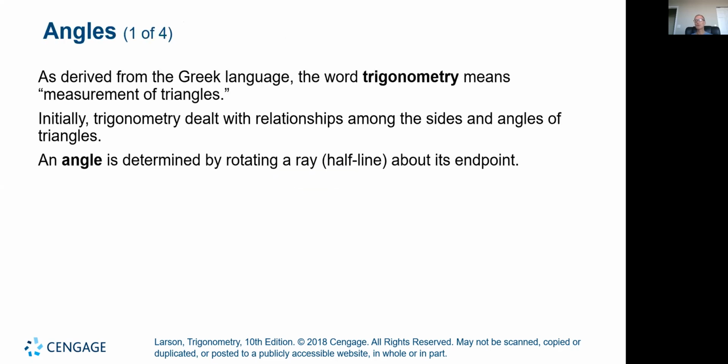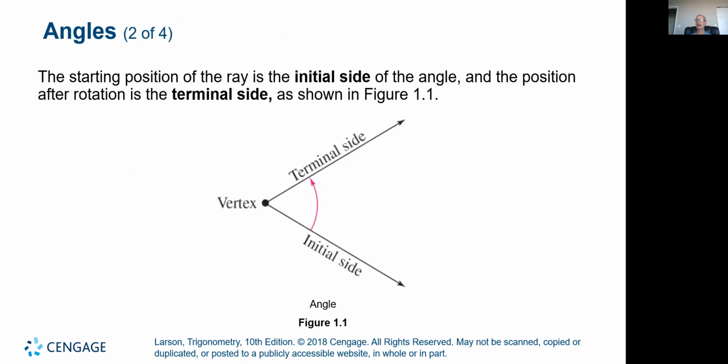So with regards to the idea of an angle, here's a little bit of a definition. The idea of an angle is that if you have two lines, the opening between the two lines is the actual angle that we're trying to measure.